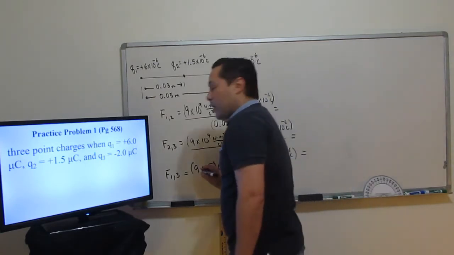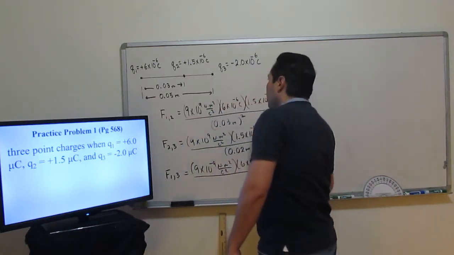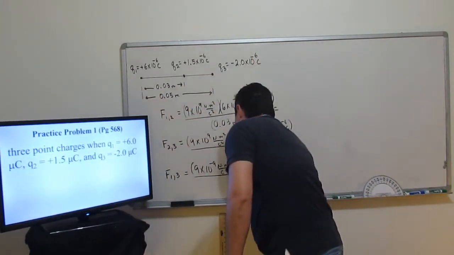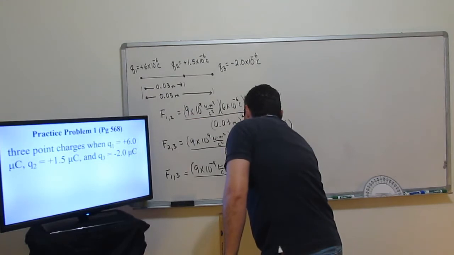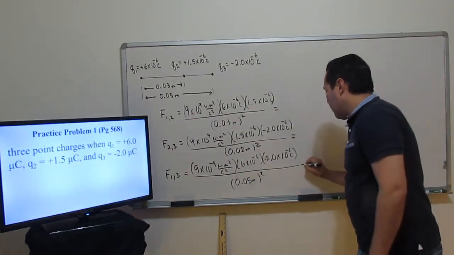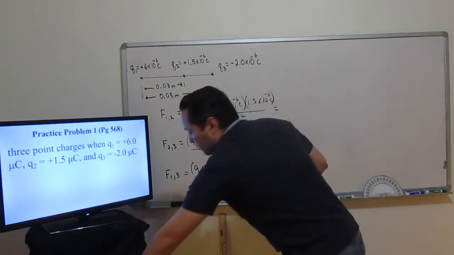And the whole thing divided by the distance between them, which is 0.05. Alright, so next we go ahead and put these into our calculators to get the values.